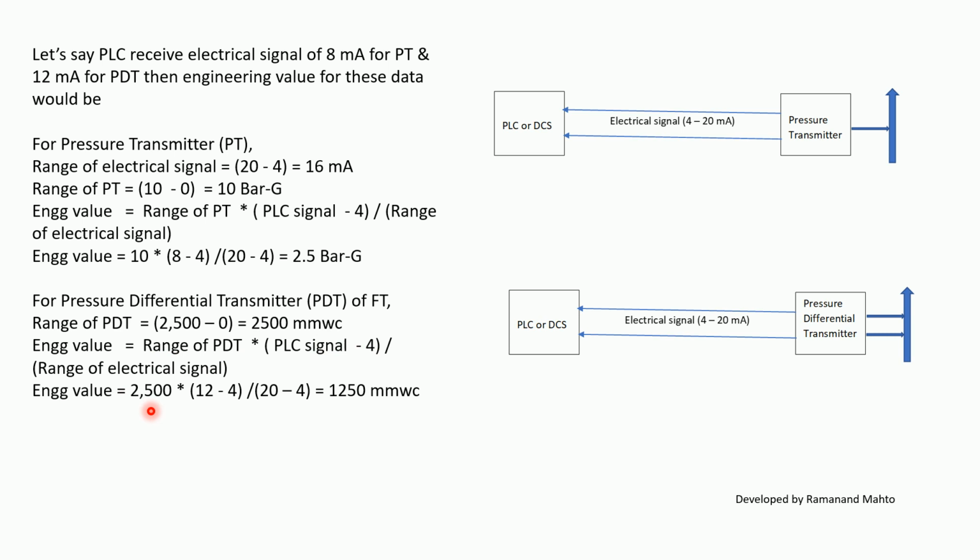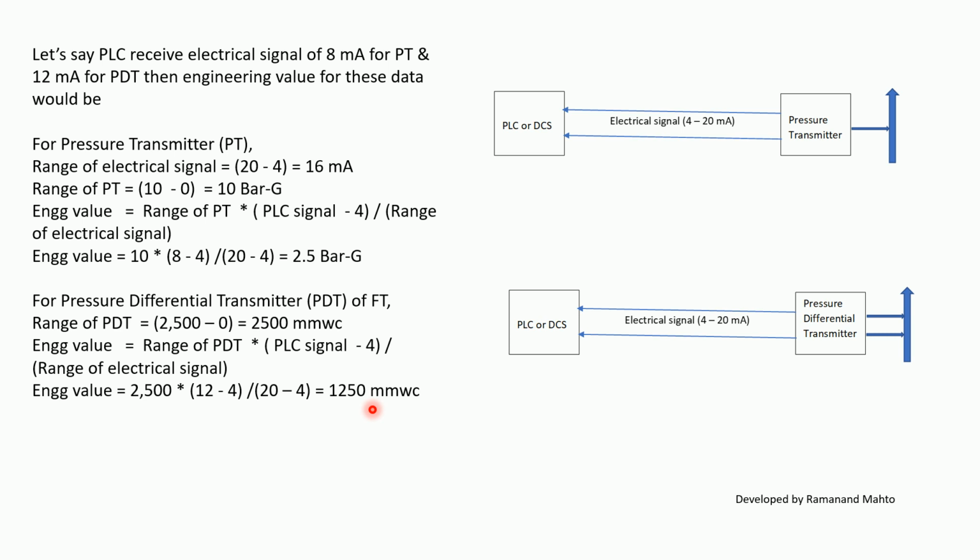So it is 2500 into 12, which is the signal the PLC is receiving, minus 4, upon 20 minus 4, which comes to 1250 mmWc. That means 12 milliamperes corresponds to half of the range.